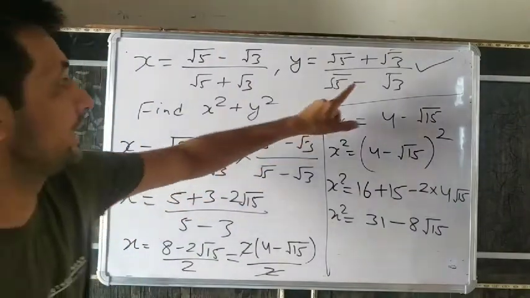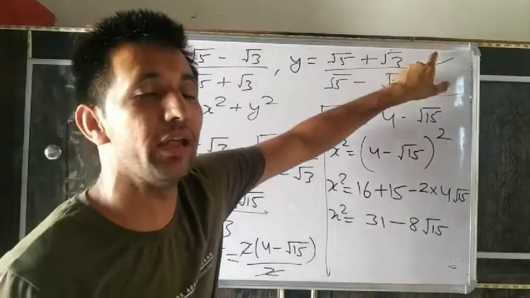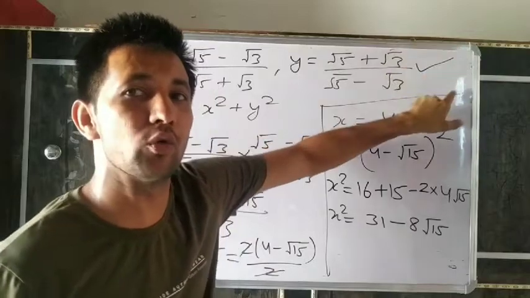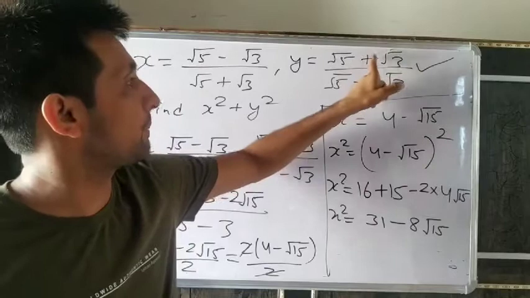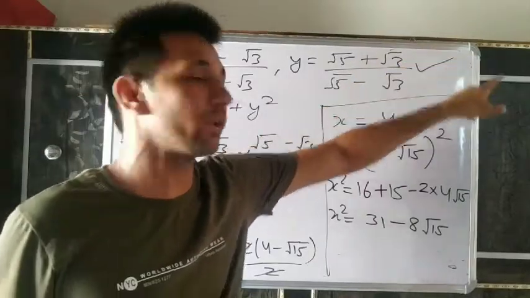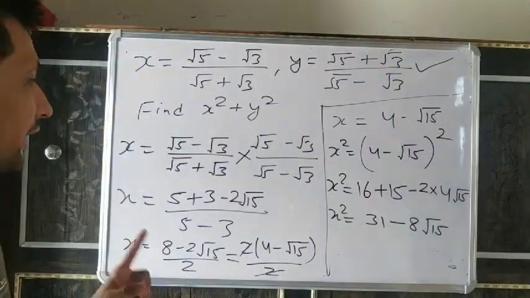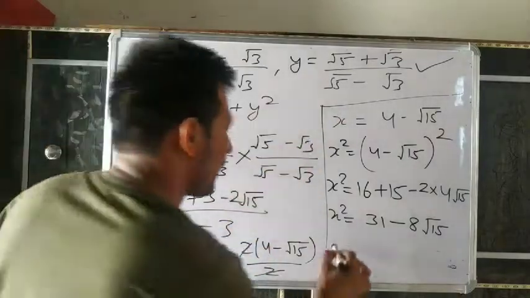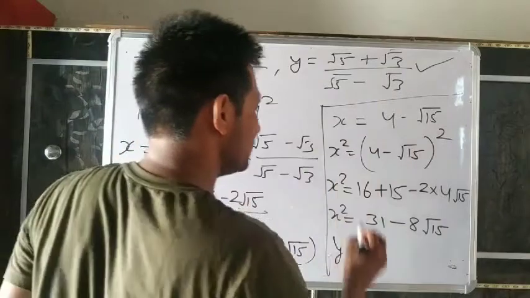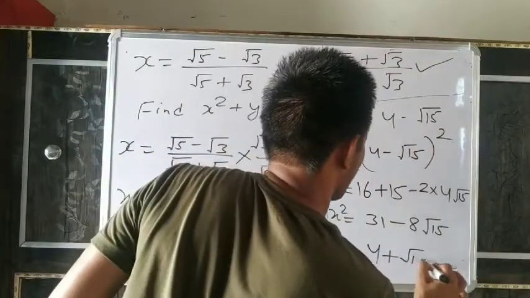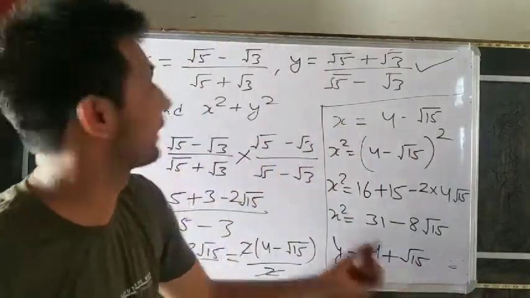Rationalize. Here it is minus, so multiply by root 5 plus root 3 divided by root 5 plus root 3. In the numerator it becomes root 5 plus root 3 whole square, a plus b square. And if you find y, y comes to 4 plus root 15, and taking its square we put it here.